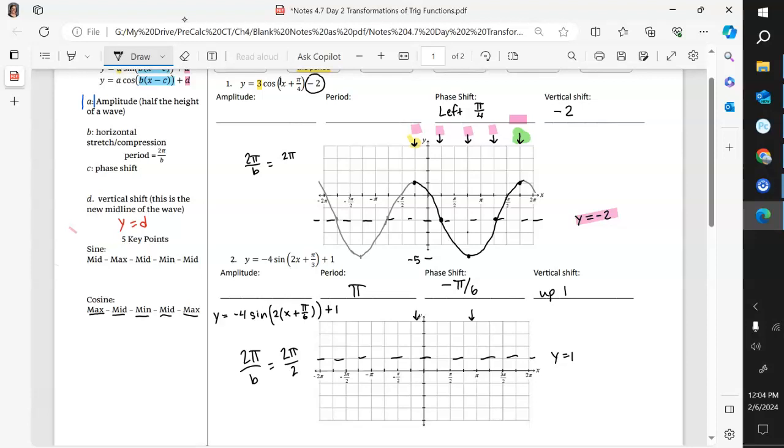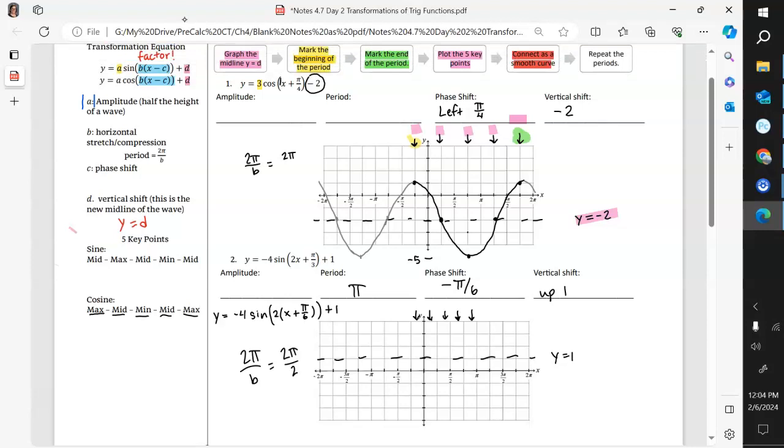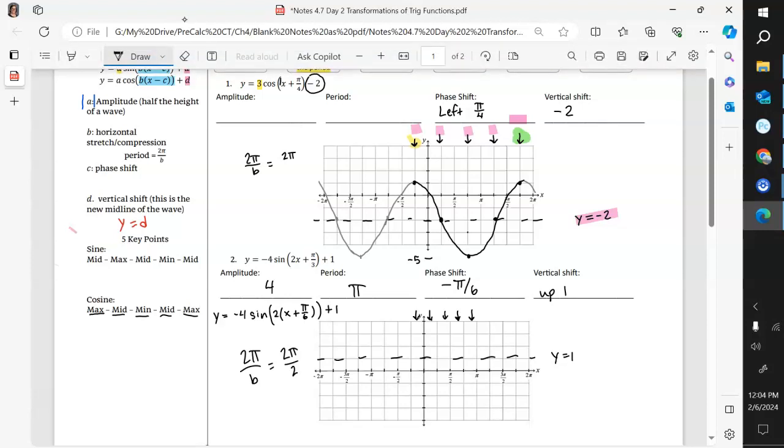I'm also going to mark my 5 key points. So I'm going to go halfway, a quarter of the way, and a quarter of the way to get my key points. Now this is a sine function. The amplitude is 4. Normally I would start my sine function at the midline, and I'm still going to start at the midline. And I'm going to end at the midline.